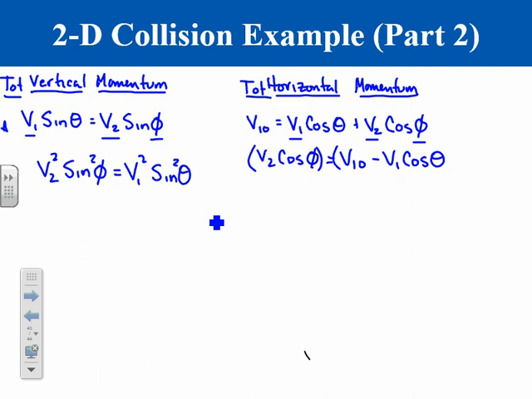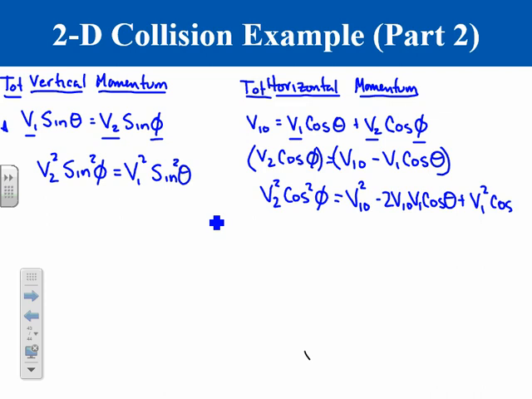And when I square that, on the left side, I have the easy one. It's v2 squared cosine squared psi. But on the right side, I'm actually going to have to FOIL this thing. So after I get done foiling, I get v1 naught squared minus 2 v1 naught v1 cosine theta plus v1 squared cosine squared theta.